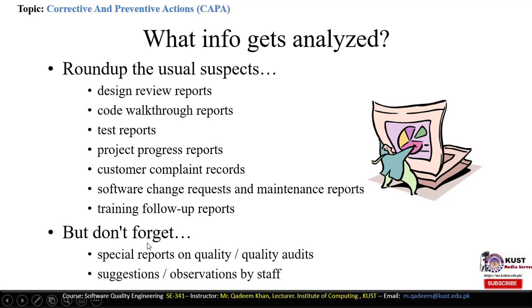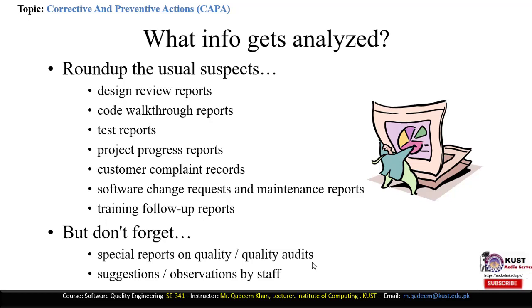But don't forget that special reports on quality and quality audits should also be reviewed. These are certain reports that are based on the quality of the software and the quality audits. Quality audits are performed mostly by a third party, and that will be the party of government officers.